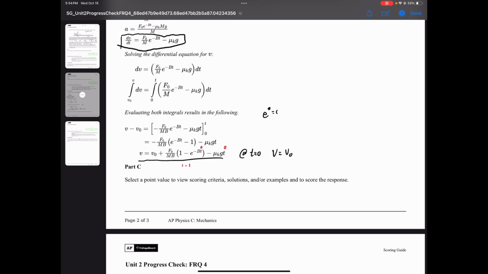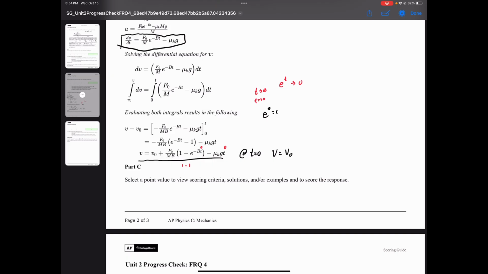At some later time t, okay, let's say t is very large. Well, when t is very large, I know that this e to the negative bt is going to approach 0, right? So e raised to t as t approaches infinity, or at least that t is much greater than 0, this is going to approach 0, okay?